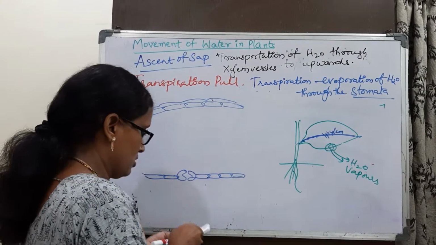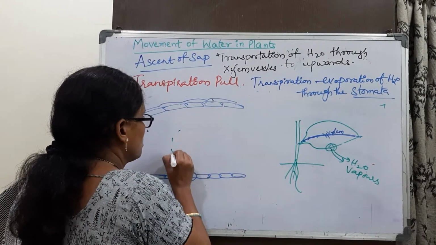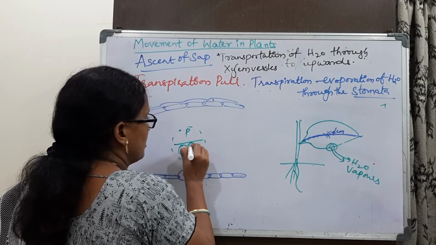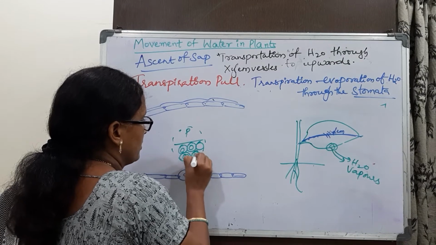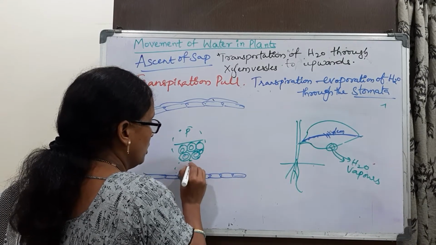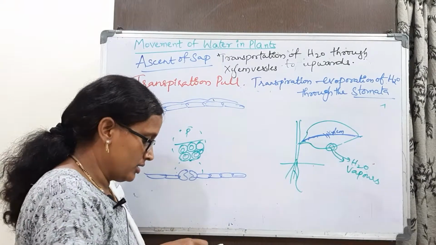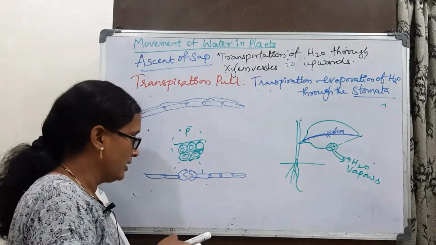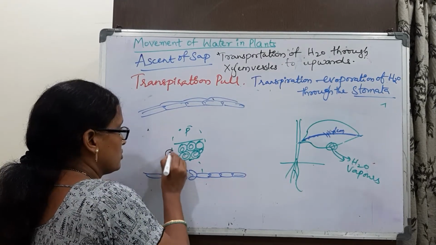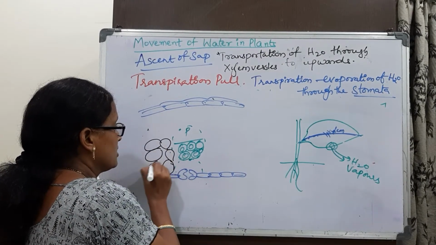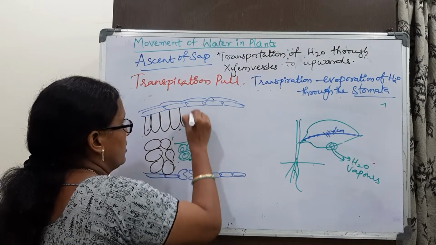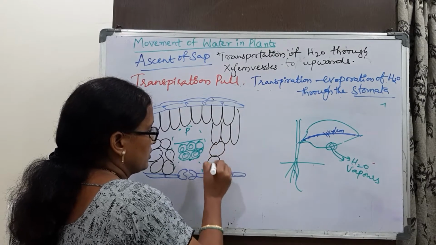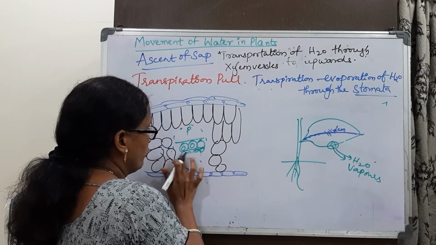Here are the palisade tissues, phloem and xylem vessels. Above the stomata there is a gap known as the air chamber. This is our palisade and spongy parenchyma, the mesophyll tissues.